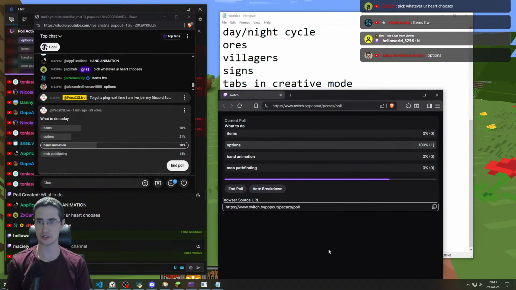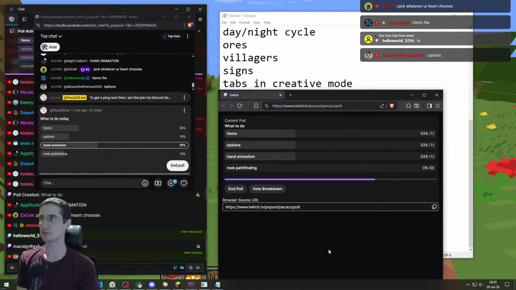We don't have much for options. Hand animation may be difficult because I don't have the animations for the hand, and I'll have to create keyframes and interpolate between them. That's what we'll have to do.